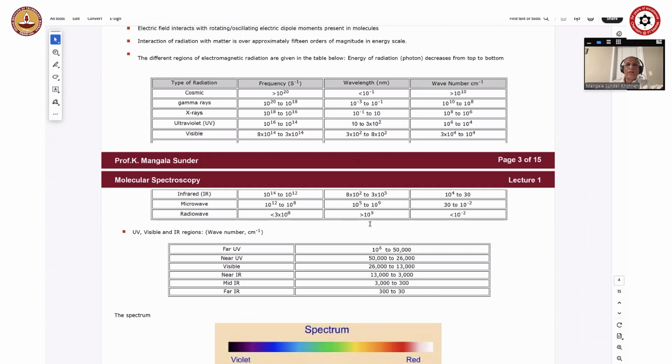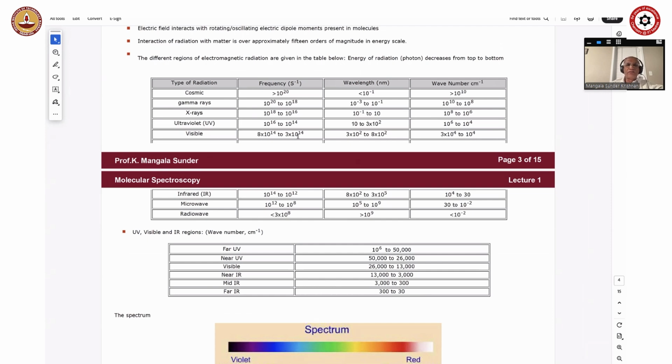We can normally see between 8 to 8,000. Here the wave numbers are about 30,000 wave numbers to 10,000 wave numbers that you have here.